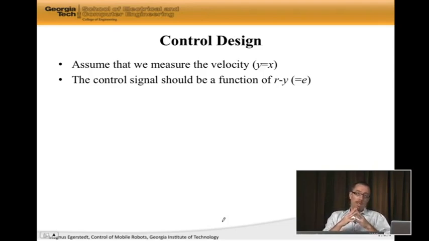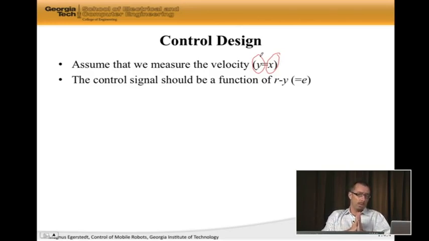Let's assume that we can measure directly the velocity and recall that the state, x, is the velocity. The measurement, or the output, is what we call y. So y is actually directly equal to x in this case. So we have some way of measuring velocities, which you typically have. You have a speedometer in your car, so we know roughly what the velocity is.